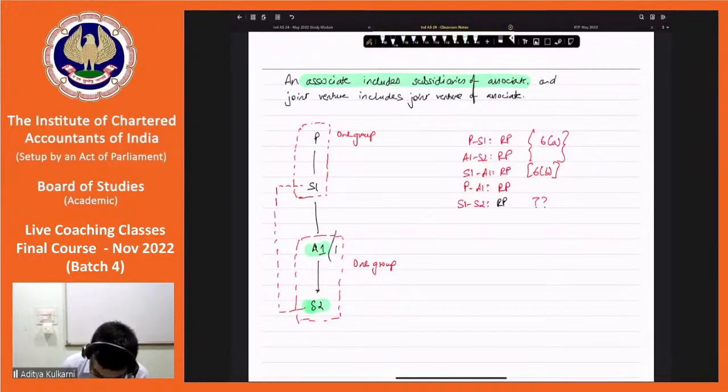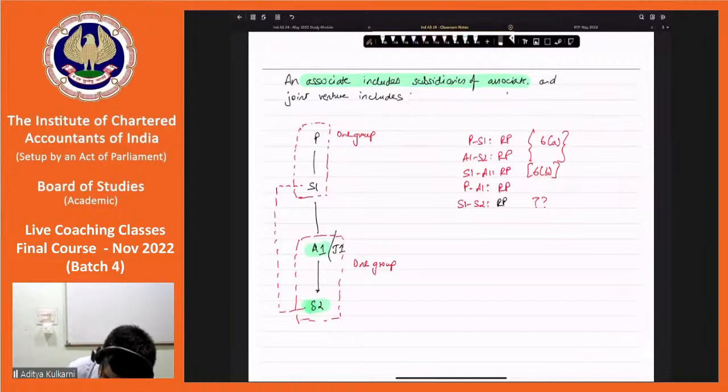If instead of A1 I had J1, a joint venture, would the case be the same? Answer is yes, it would be the same, because a joint venture also includes, one second, I wrote this wrong.